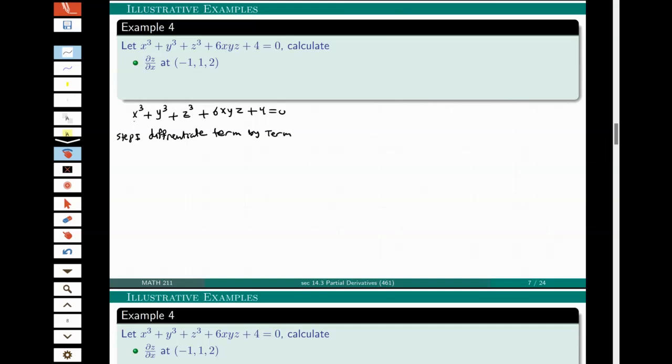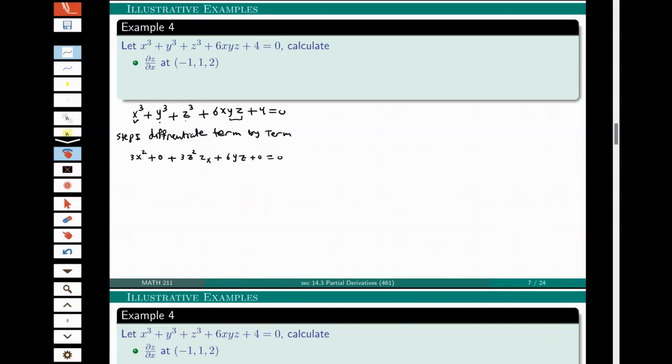So I have x cubed here, so the derivative is 3x squared. I'm differentiating with respect to x, so for y cubed the derivative is 0. For z cubed, as we just said, it is 3z squared z sub x. Plus, now here I have a product, 6x times yz. The derivative of 4 is 0, equal to 0.